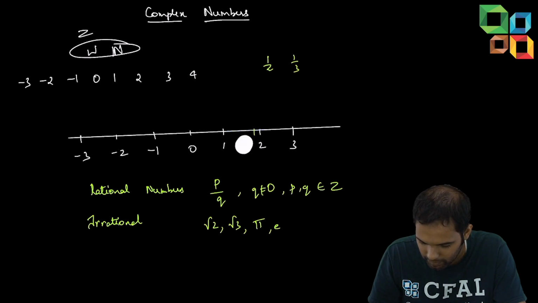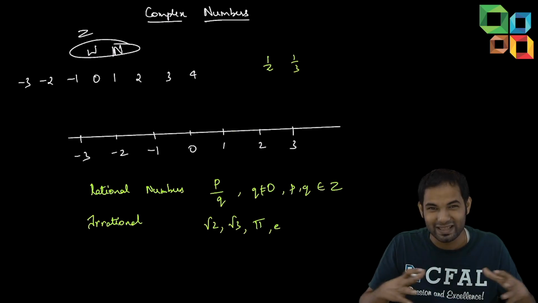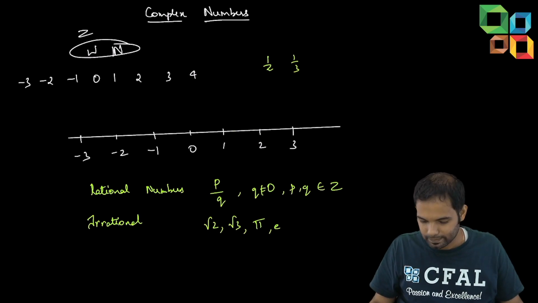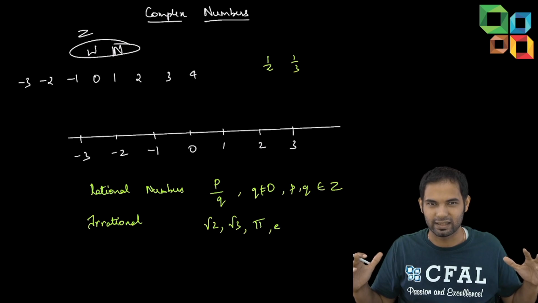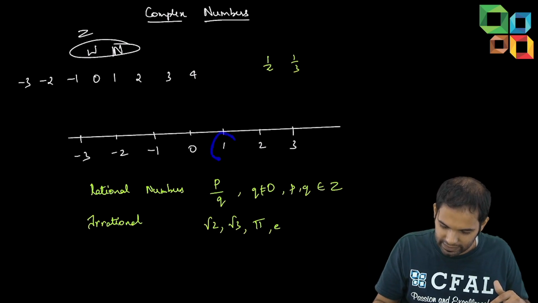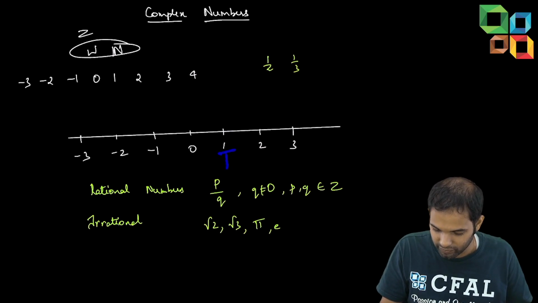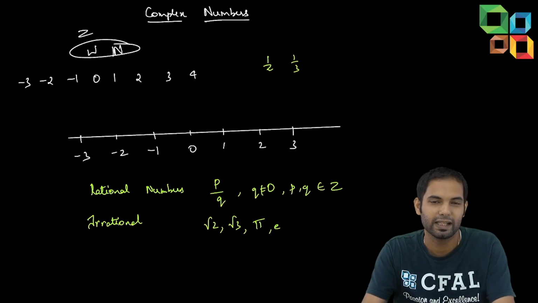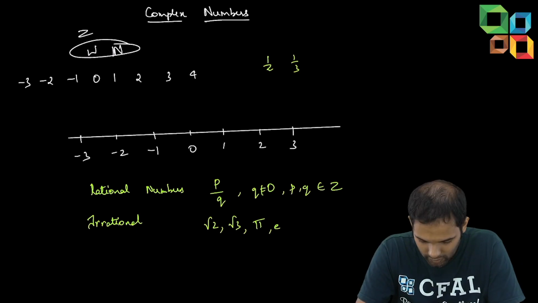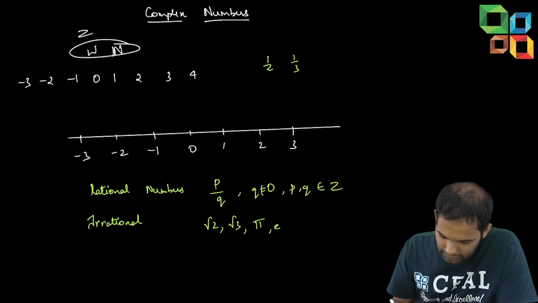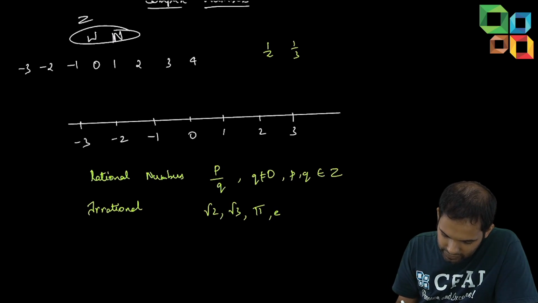We have infinitely many points, all with rational and irrational numbers. Even these integers are rational numbers because we can write them in terms of fractions. So we come across this biggest set, which is called real numbers.